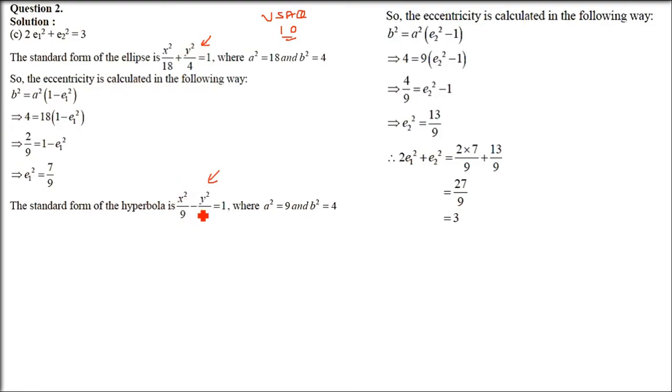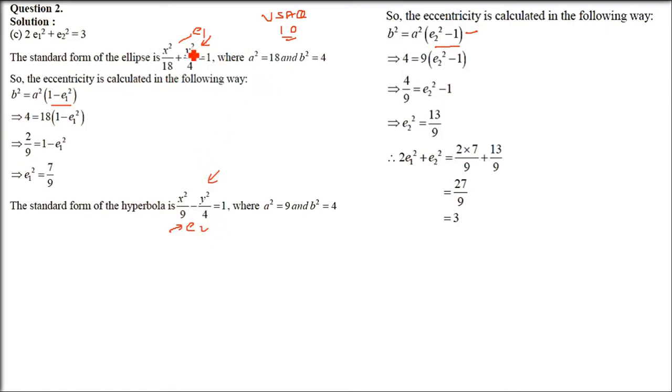Both are not hyperbolas; it's a combined question. So the eccentricity formula is different. For the ellipse, b square equals a square times 1 minus e1 square, so we'll take e1 as the eccentricity of the ellipse, and for the hyperbola we'll take it as e2.